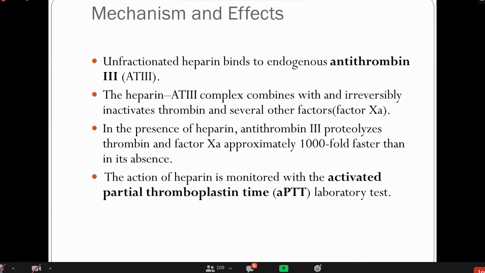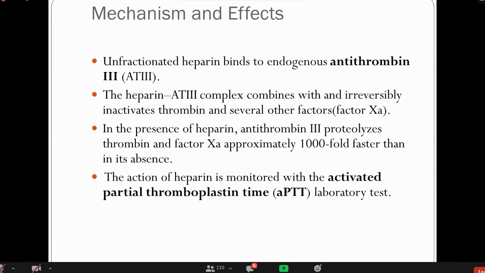In the presence of heparin, antithrombin 3 proteolyzes thrombin and factor 10 approximately 1,000 times faster than in its absence. So basically, heparin enhances the activity of endogenous antithrombin 3.